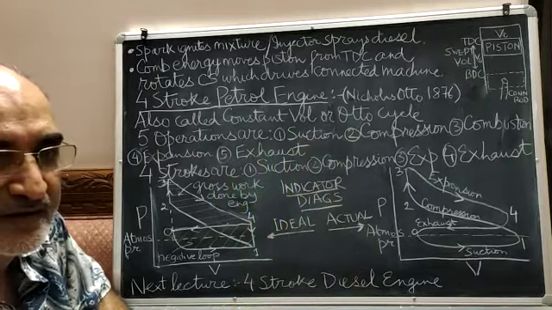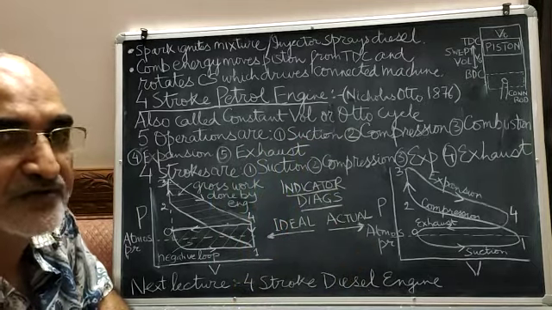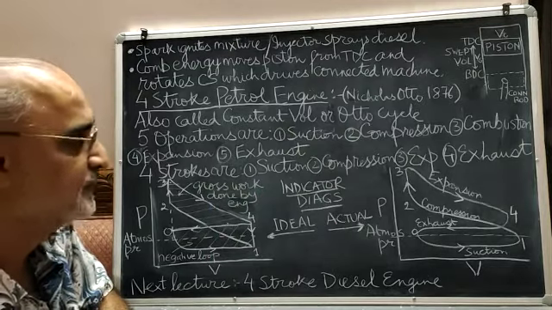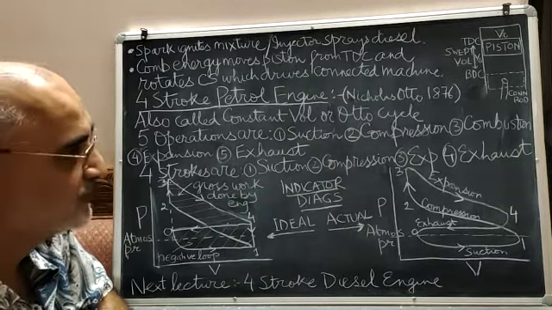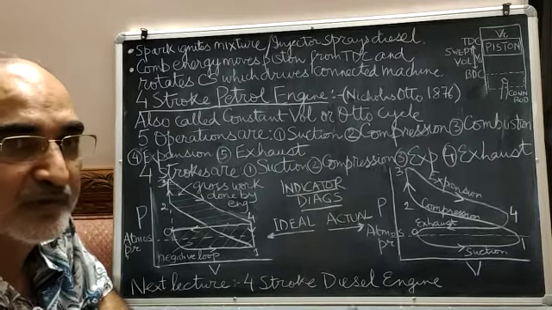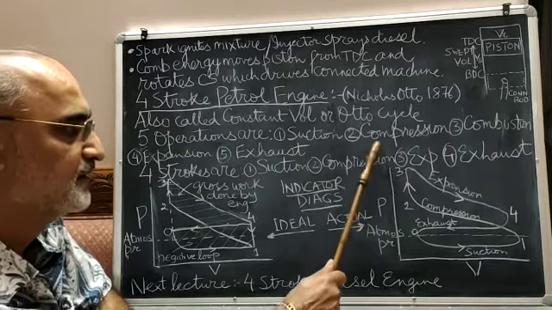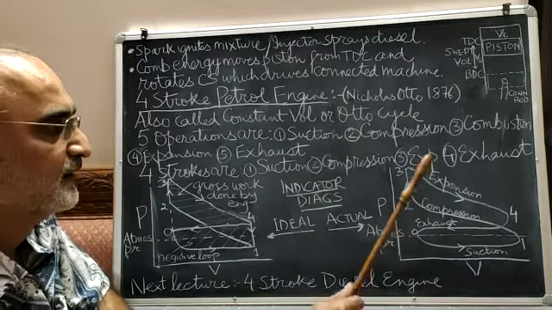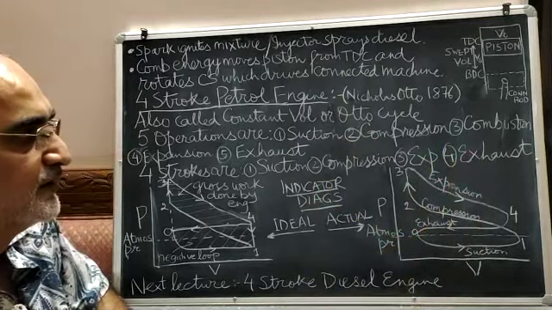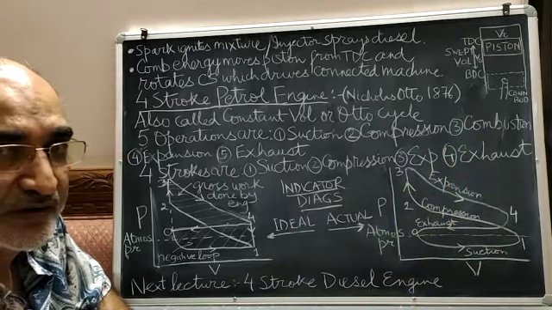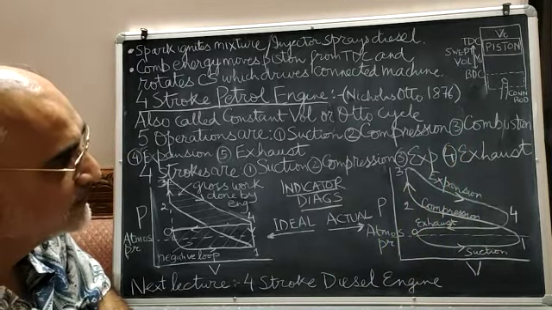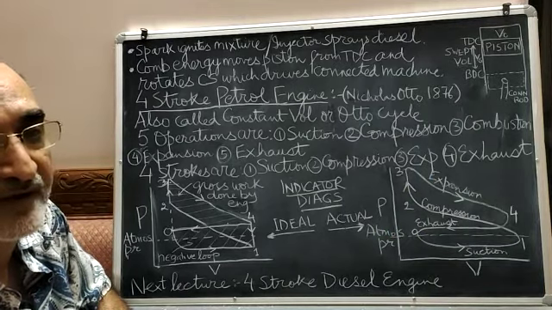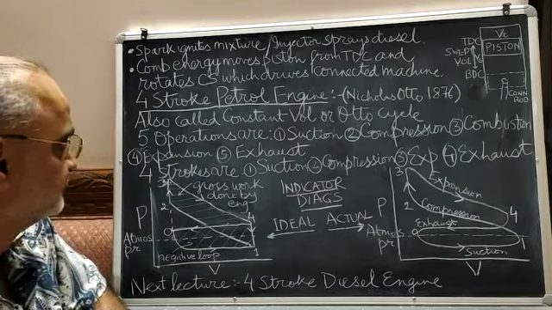Suction takes place for inducting the charge into the cylinder. Once the charge is inducted, it has to be compressed into the clearance volume above the piston. That stroke is called the compression stroke. The third is the combustion stroke, in which the spark or self-ignition takes place and combustion takes place, releasing a large amount of energy, temperature and pressure.